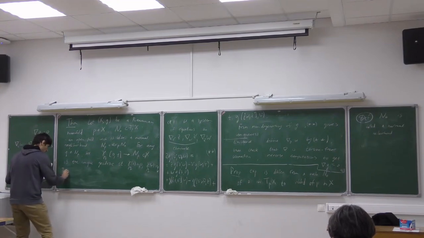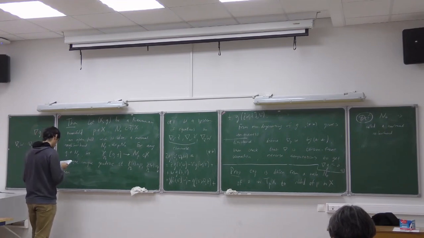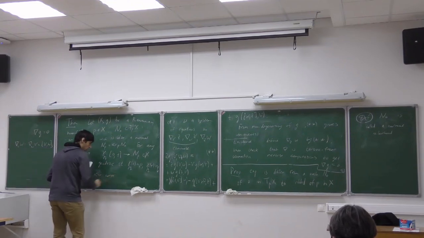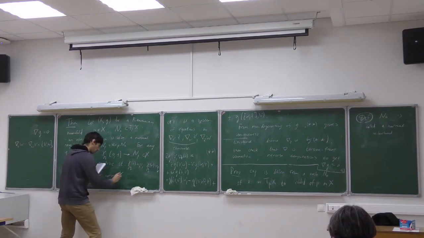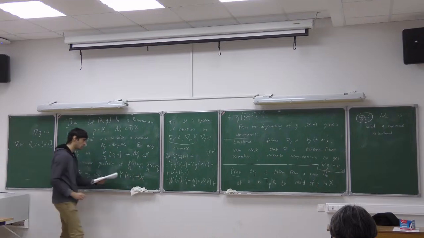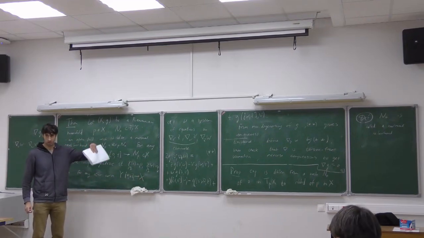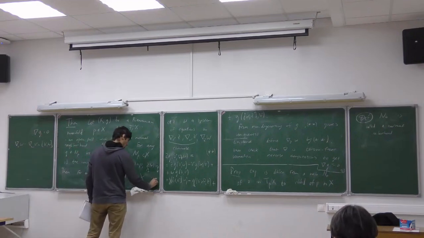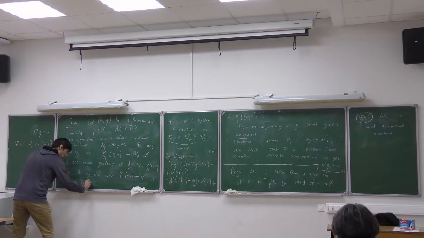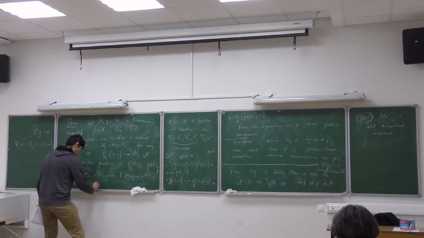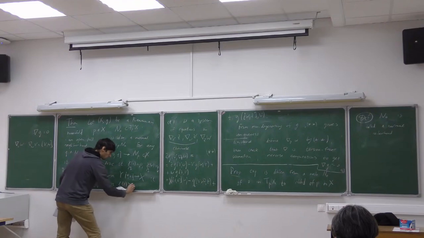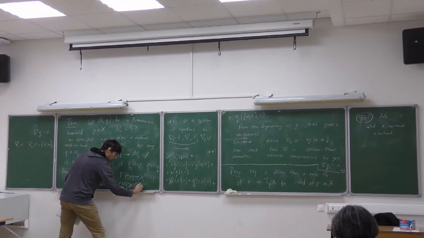Then, for any other curve gamma from 0 to 1 to X, so here I don't require it to be inside N_P, so it might go outside, such that gamma of 0 is P and gamma of 1 is Q, we have that the length of gamma is greater than the length of gamma_PQ.